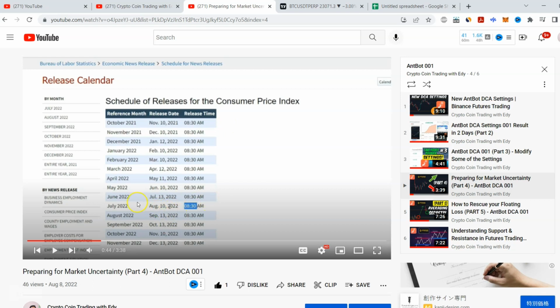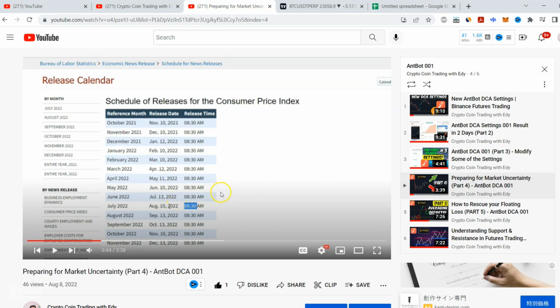Another big event is coming up, which I think tomorrow in my local time is going to be at night, 8:30 p.m. for me. Okay, here it is 8:30 a.m. Eastern time. So we're gonna see what the figures are going to be for the consumer price index.